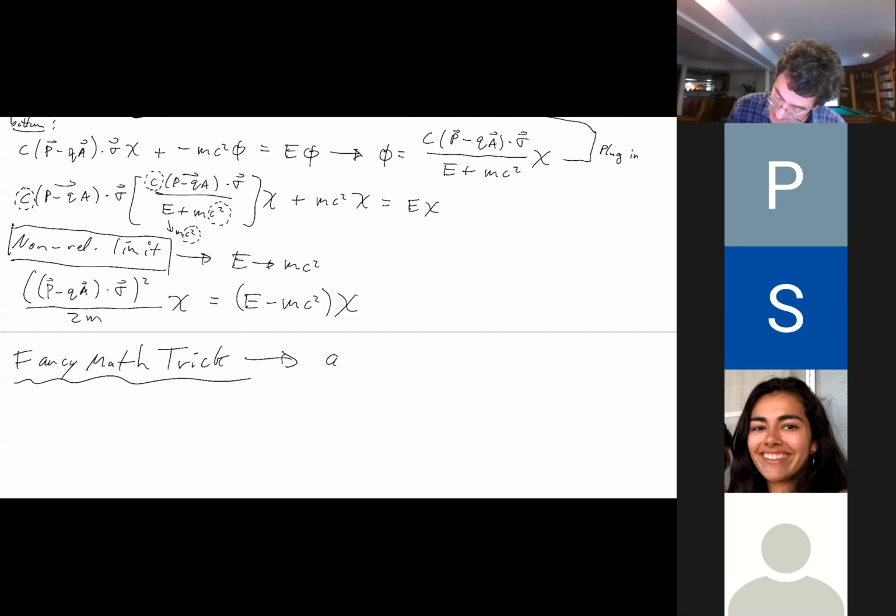It turns out that there's an identity that we will use: A dot sigma times B dot sigma is equal to A dot B plus i sigma dot (A cross B), where sigma equals the Pauli matrices.